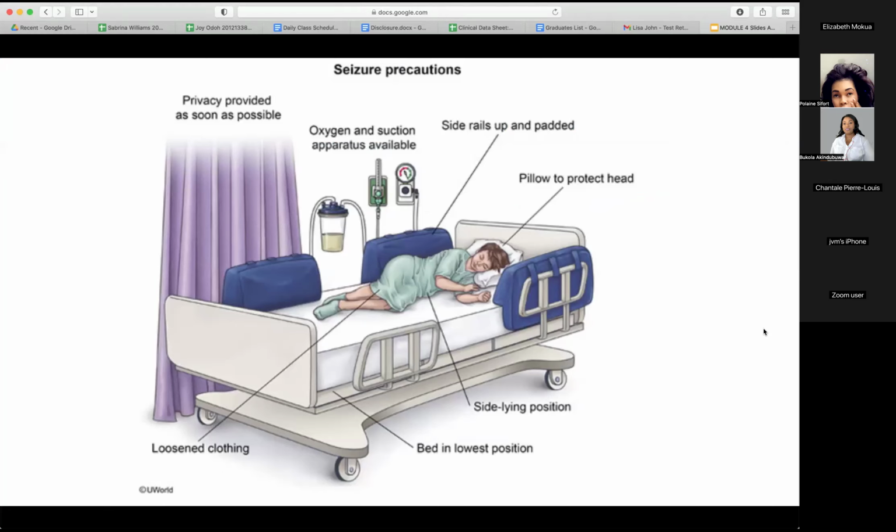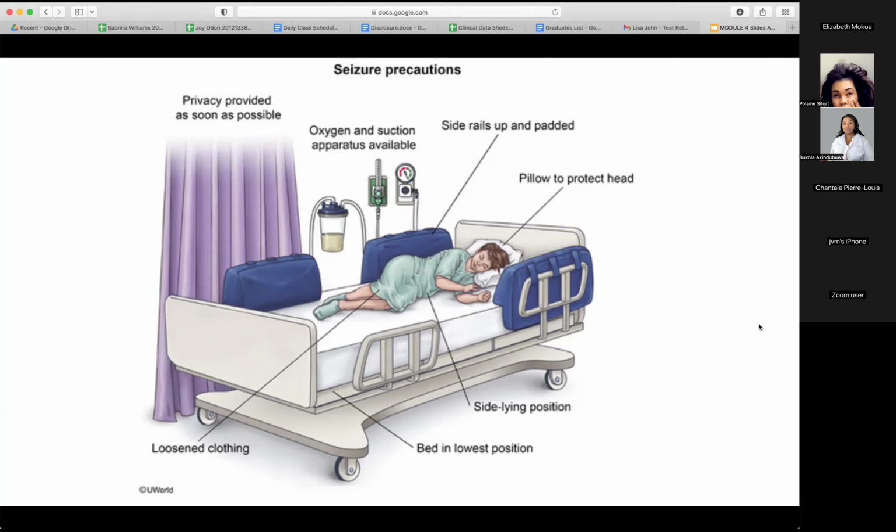So next up is a picture of seizure precautions. Seizure precautions are implemented for anyone at risk for seizures, okay? So first of all, what position is the patient laying in? Left side. Very good.